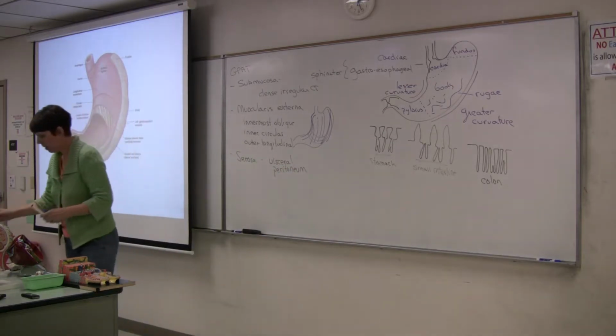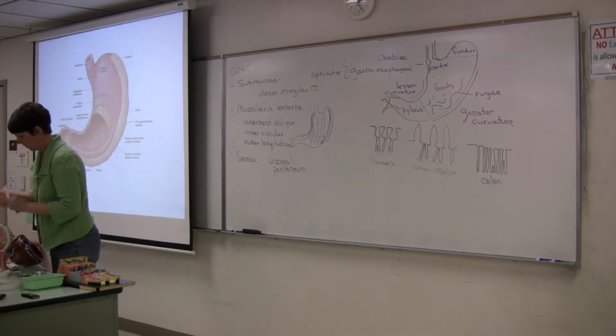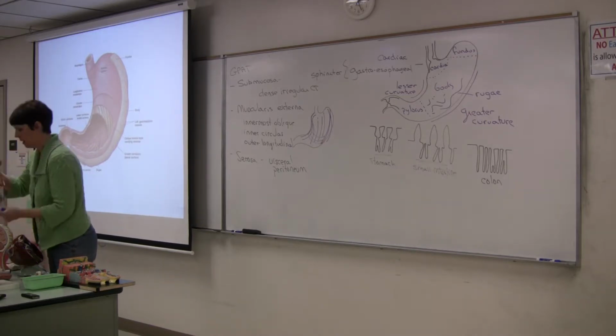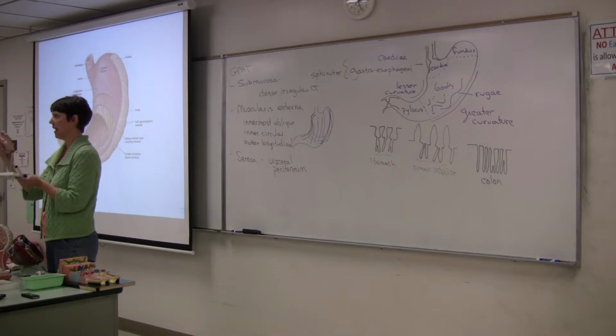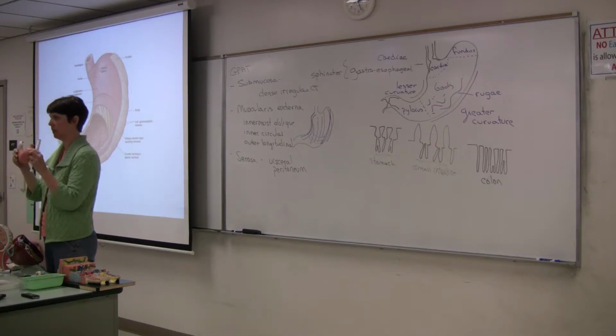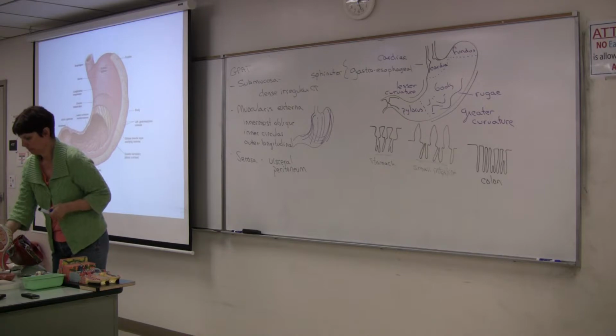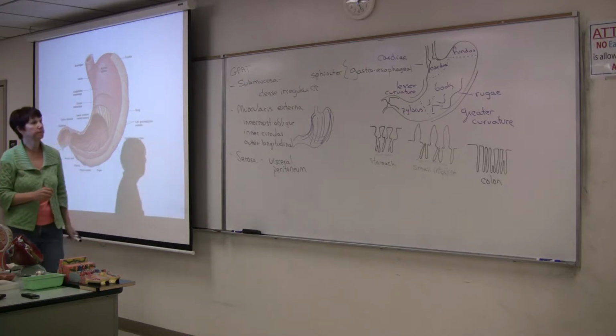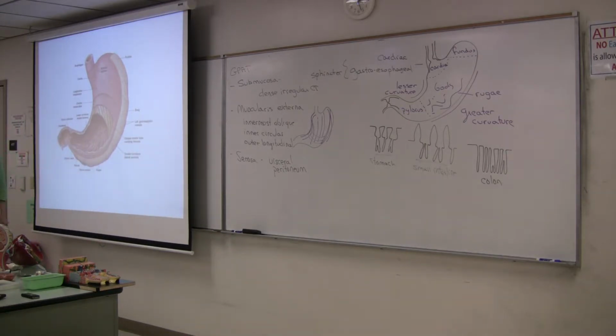So if we look at this model, this grayish membrane here is the serosa. This side of it shows some of the circular and oblique and longitudinal layers of the muscle. All right, so the stomach is primarily mechanical digestion.